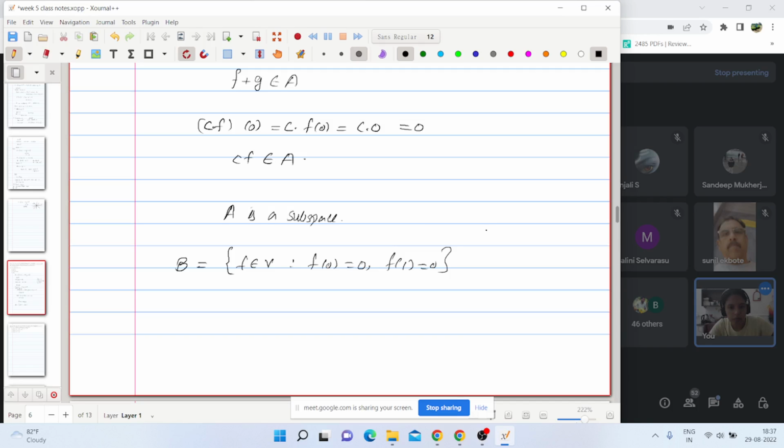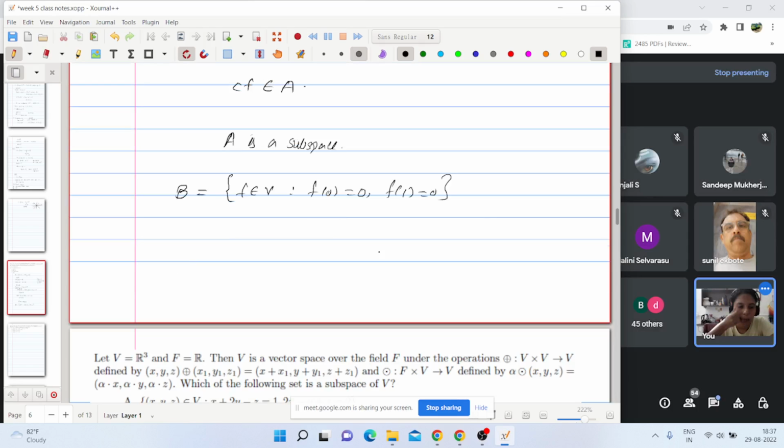So what about this? Is this a subspace or not? Any guess? Is this a non-empty set? Just like the above case, we can say the 0 function belongs to B. So B is a non-empty set.